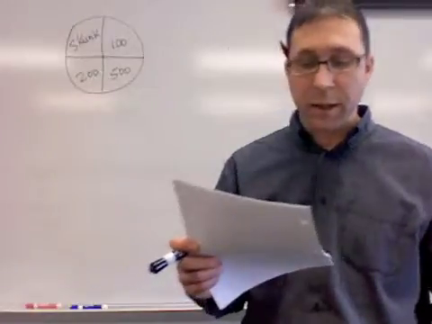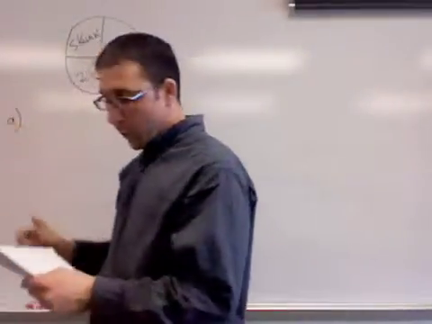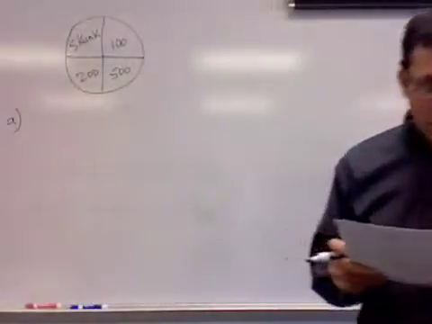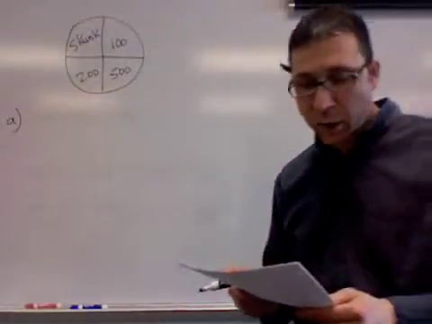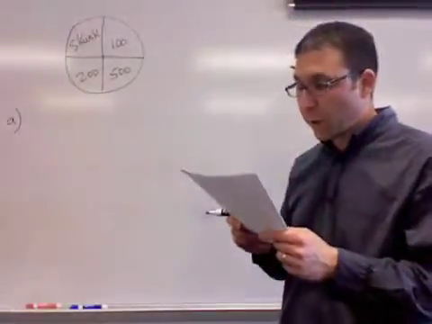So question A is a pretty straightforward probability question. Question A says, what is the probability that the result will be a number on all of the first 3 spins of the wheel?